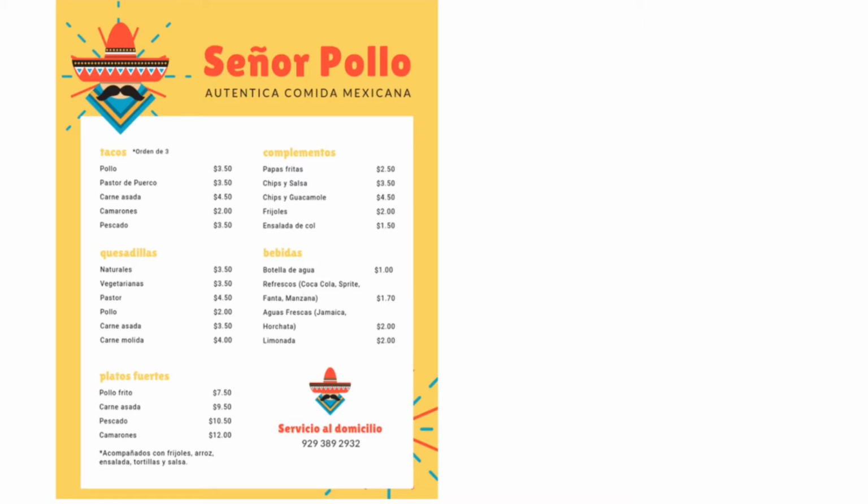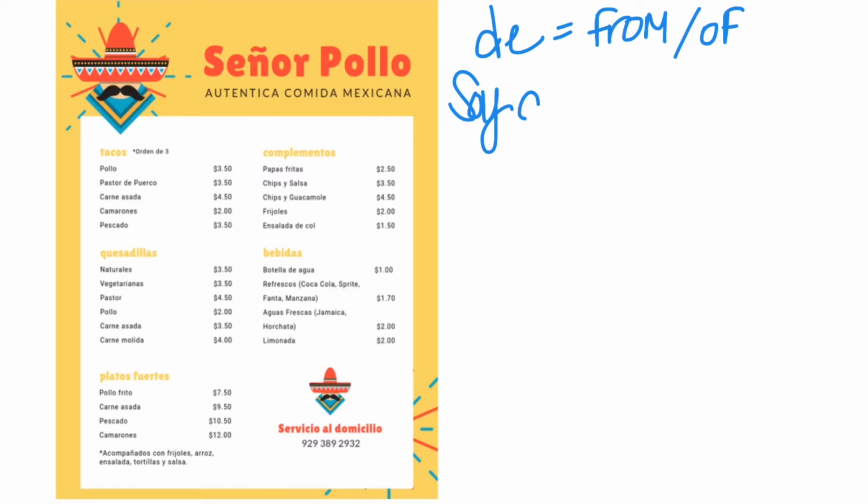The first thing I want to point out is the use of "de," which we've been seeing since day one. We know this means "from" or "of," because I say it when I say "soy de Philadelphia," I'm from Philadelphia.